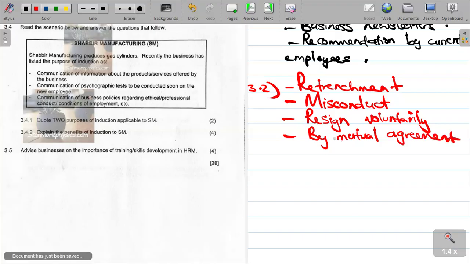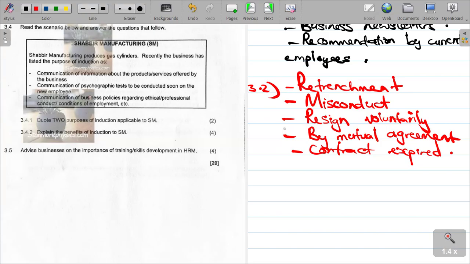It might be due to the contract having expired, or when it comes to an end.